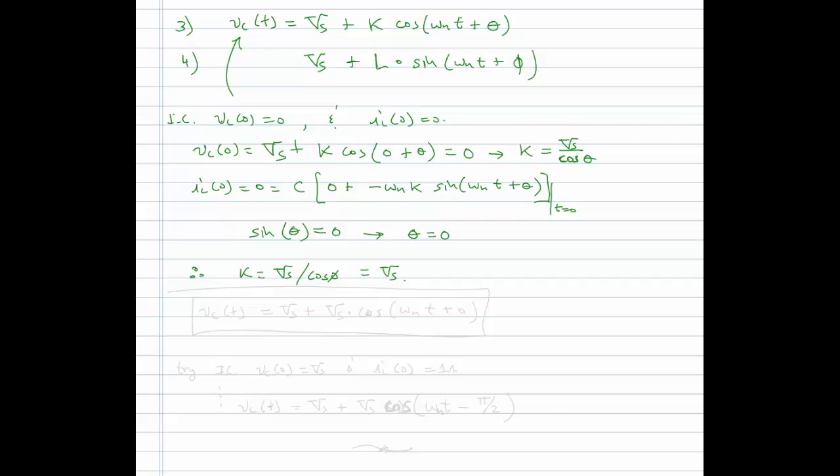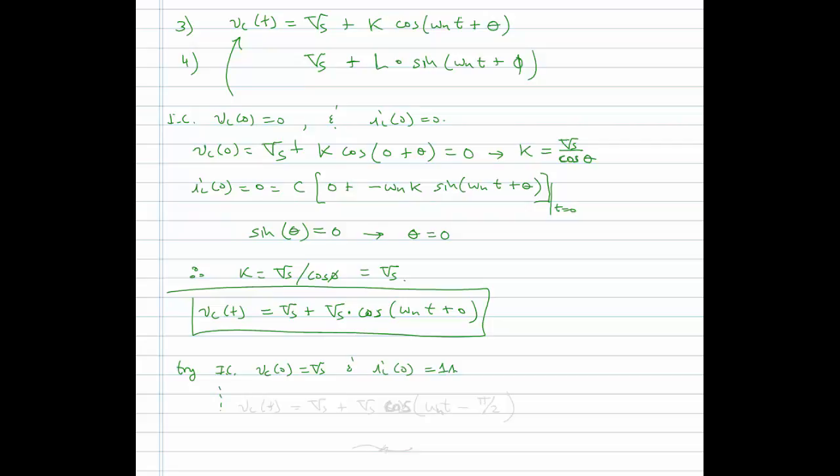And we can write our solution. Vc of t is equal to Vs plus K, which is Vs, times cosine omega n t plus 0. And this is exactly what we found the previous two times. You could repeat this as well for the second initial condition case. So let's just try Vc of 0 is equal to Vs, and IL of 0 is equal to 1 amp.